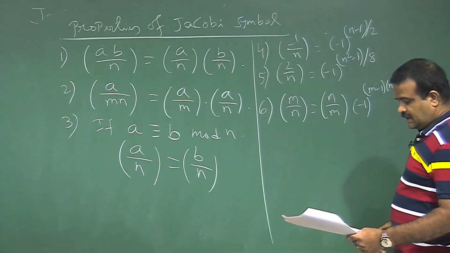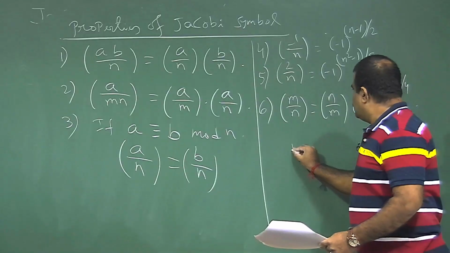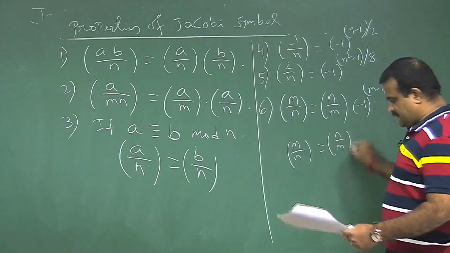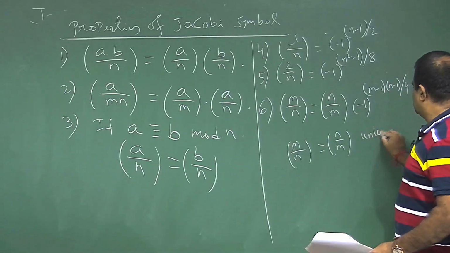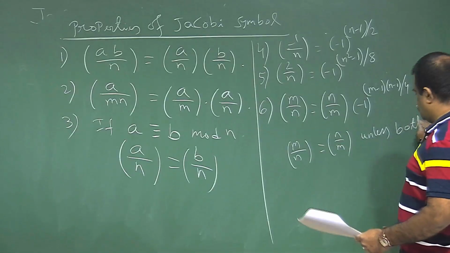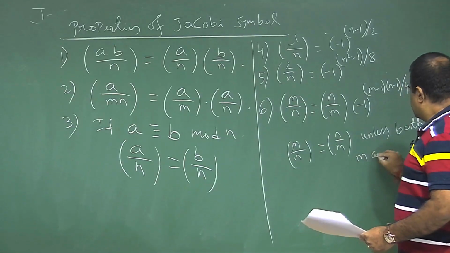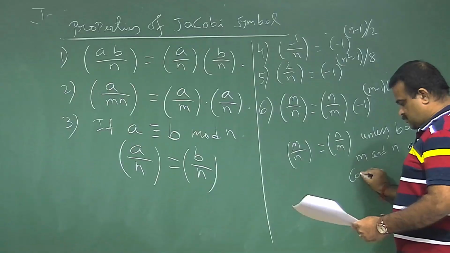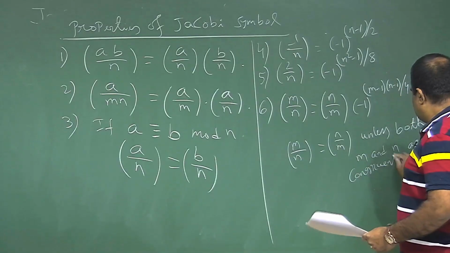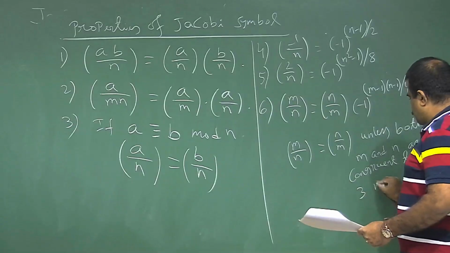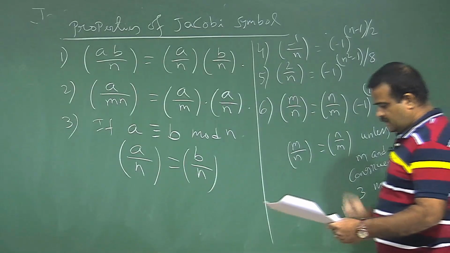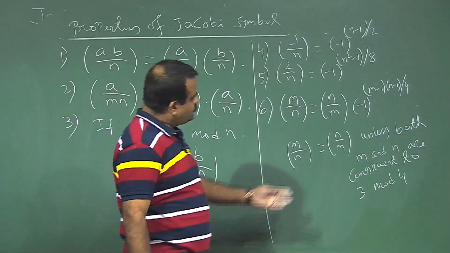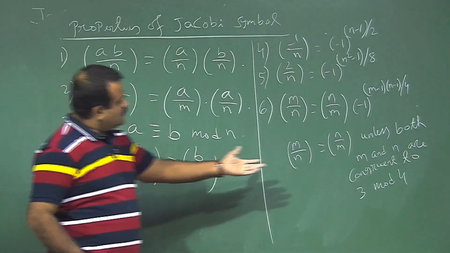Mostly (m/n) is equal to (n/m), unless both m and n are congruent to 3 mod 4. Unless this holds, they are reciprocal.